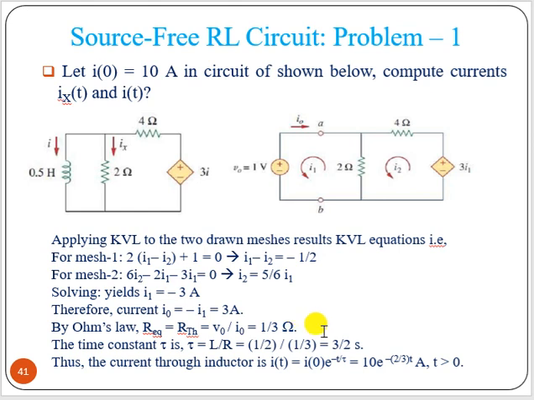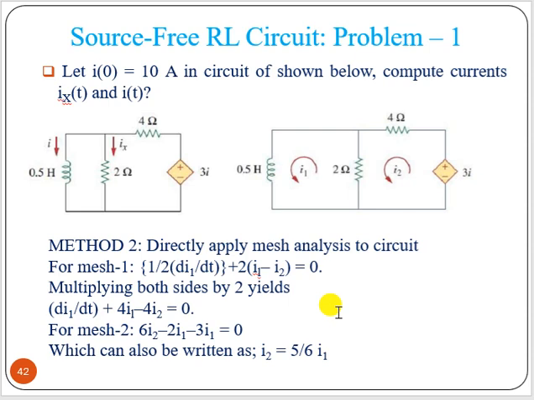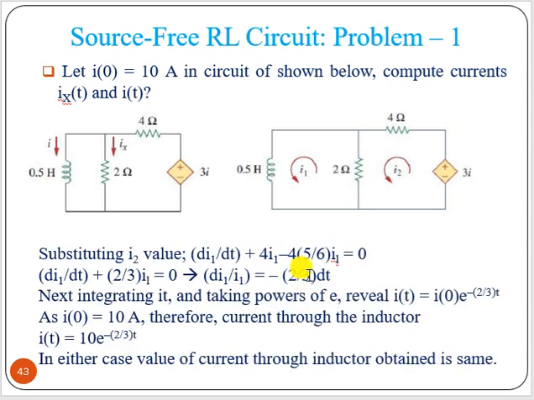It is the same as L by R, which is 3 by 2. Here we got minus 2 by 3. If you integrate, we will get i(t) equal to 10, the I0 value, e to the power minus 2 by 3 t, which we can write as e to the power minus t by 3 by 2.